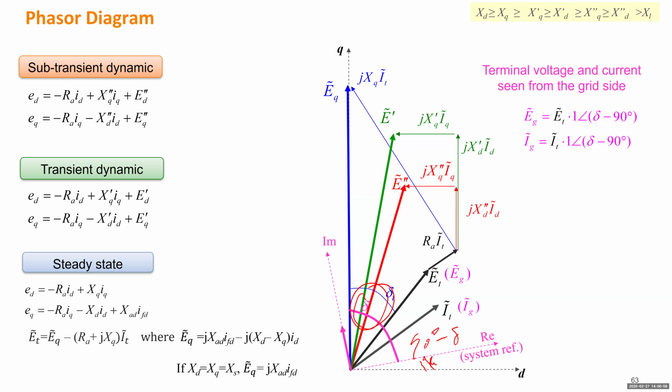So we can use this rotational transformation. This transformation just decreases the angle of both ET and IT by that little angle.